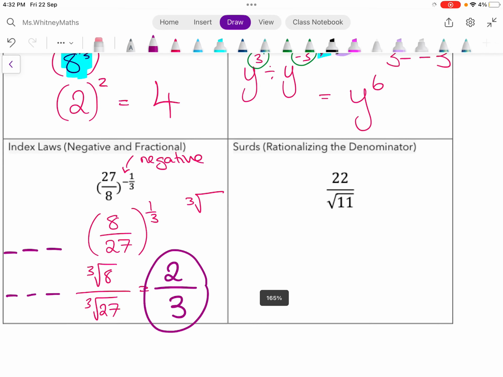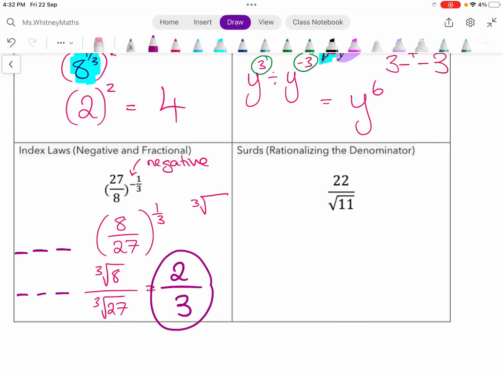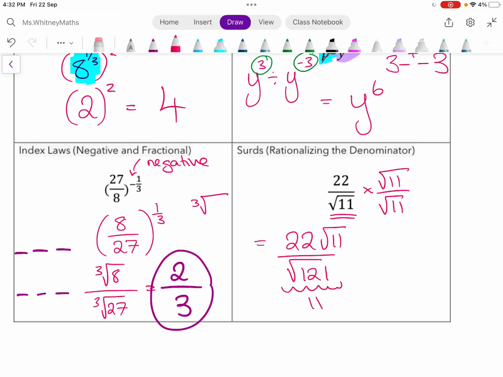And for the last one here, we have to rationalize the denominator. So again, we're going to times it by root 11 over root 11 because it has to equal 1, and it's also to do with this denominator. That becomes 22 root 11 over root 11 times root 11, which is root 121, but you want to start to get into the habit of seeing that this equals 11.